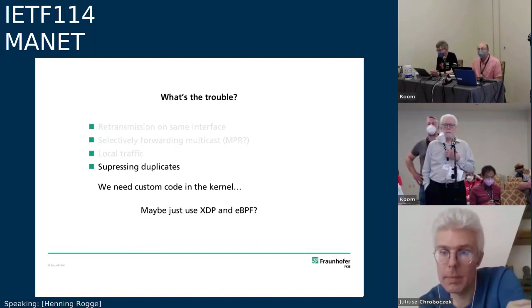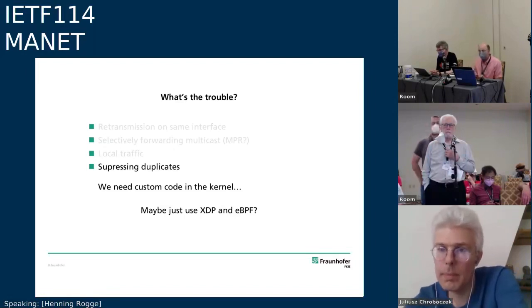So at the moment, we don't really know that well what we need, which will make it difficult to propose a new kernel module, write it, and get it accepted, because maybe a few years later we say, oh, we need something else again.